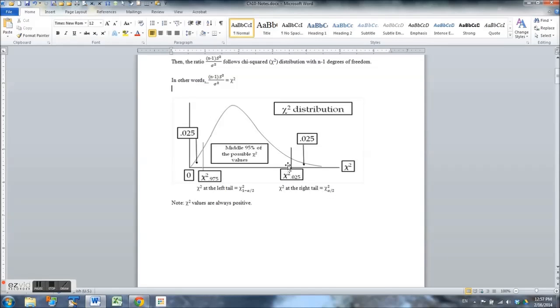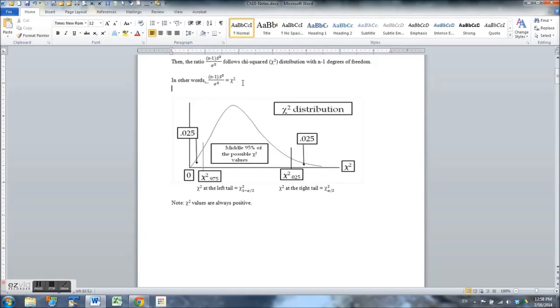The subscript indicates the right side probability. So here it is chi-squared sub 0.975, which means to the right side there is 0.975 probability, and that is 1 minus alpha over 2. And this chi-squared, the subscript of 0.025, means there is 0.025 in the tail, and that is alpha over 2.